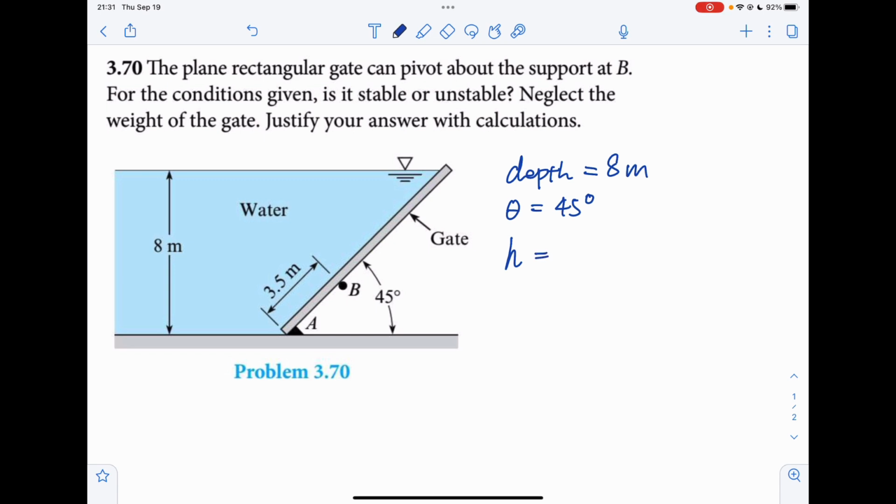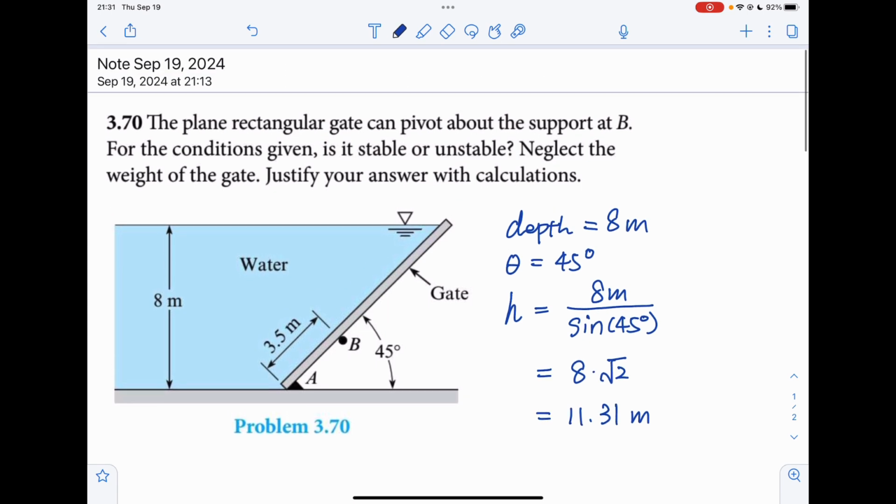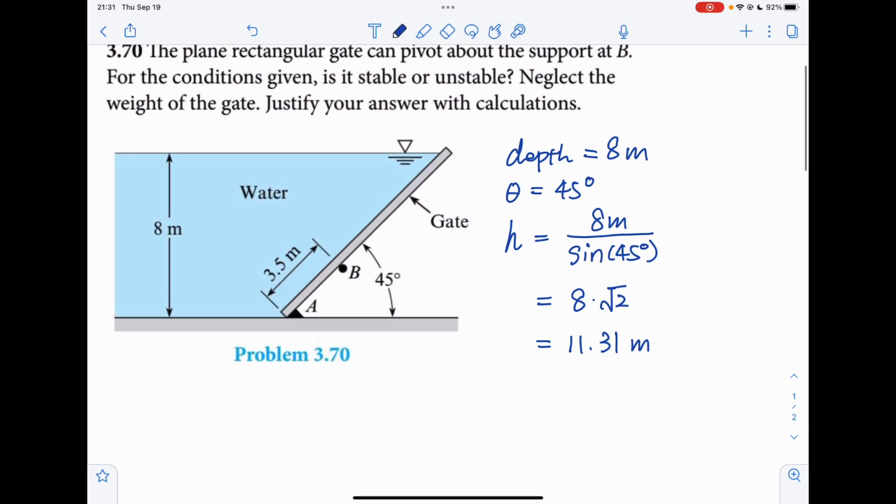It's gonna be the depth over sine 45 degrees, which is 8 meters times square root of 2, which is 11.31 meters. So now we have the length of the gate.